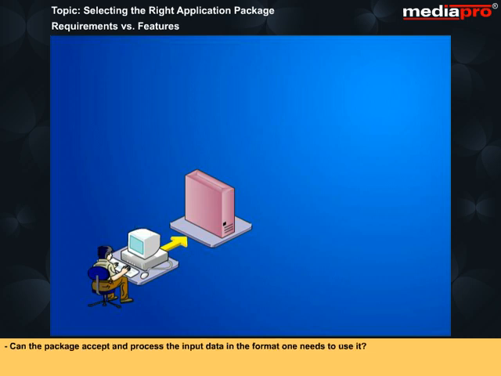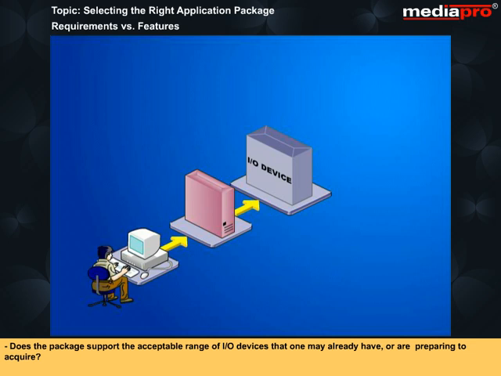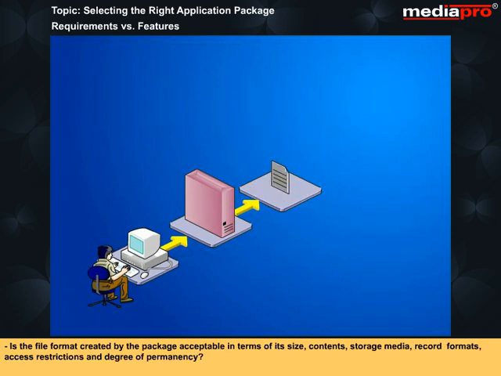Can the package accept and process the input data in the format one needs to use it? Does the package support the acceptable range of input and output devices that one may already have or are preparing to acquire? Is the file format created by the package acceptable in terms of its size, contents, storage media, record formats, access restrictions, and degree of permanency?